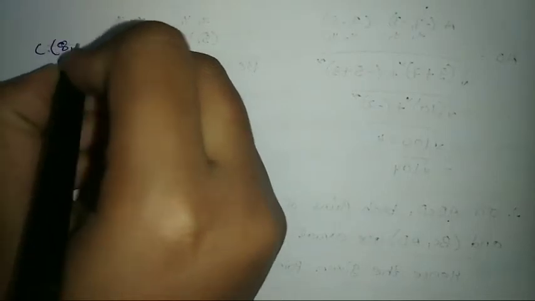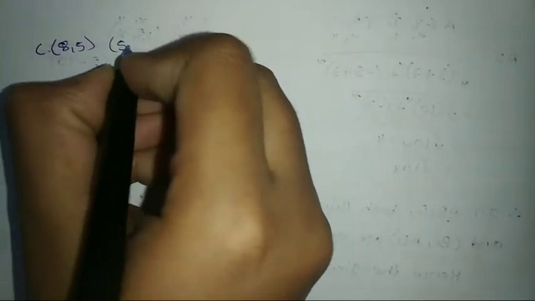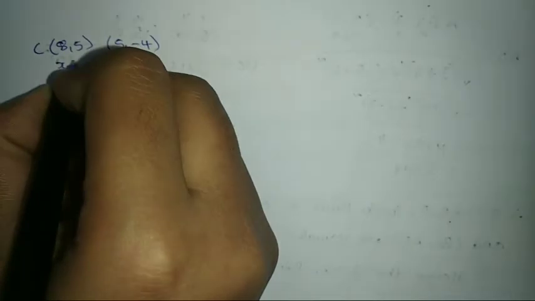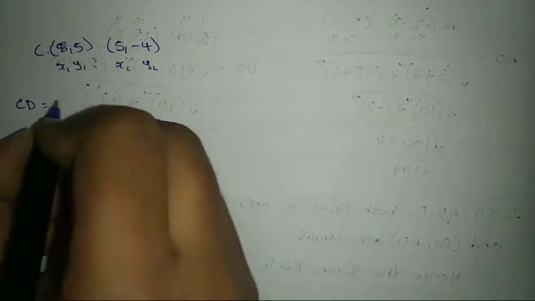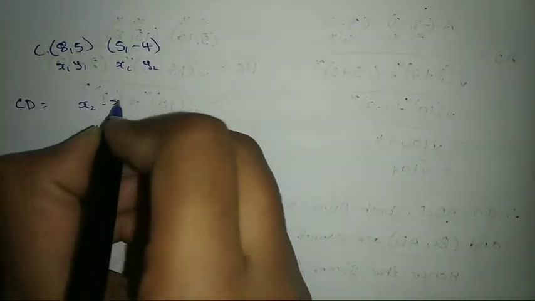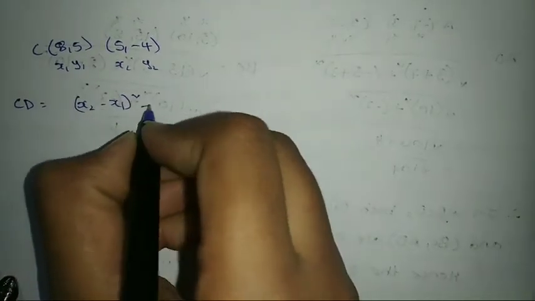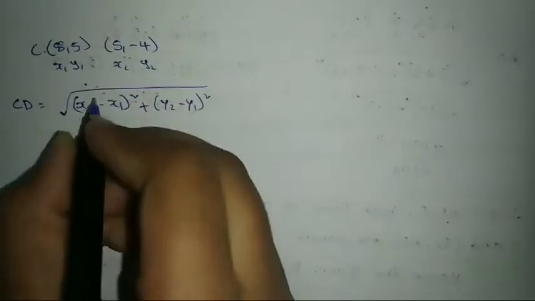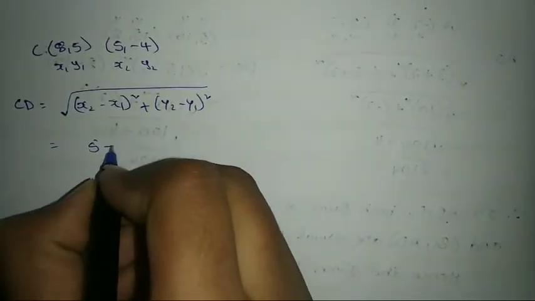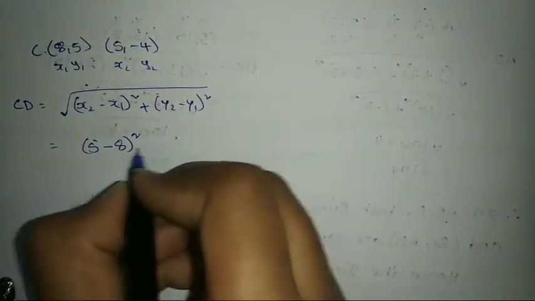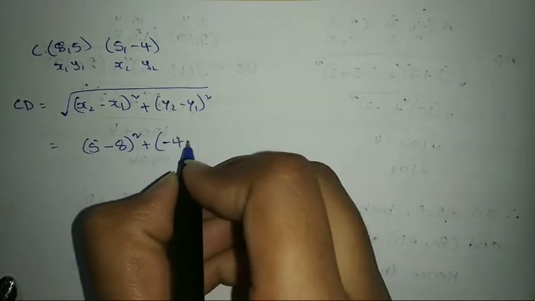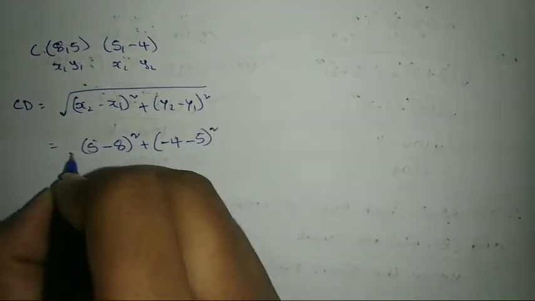CD distance. C point is 8 comma 5 and D point is 5 comma minus 4. x1 y1 x2 y2. Substitute in distance formula. CD is equal to square root of x2 minus x1 whole square plus y2 minus y1 whole square. So here x2 is 5 minus x1 value is 8 whole square plus y2 is minus 4 minus 5 whole square.